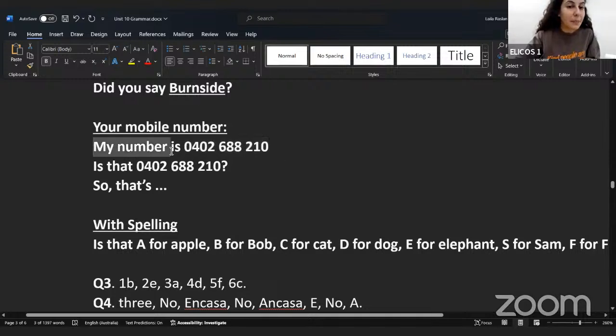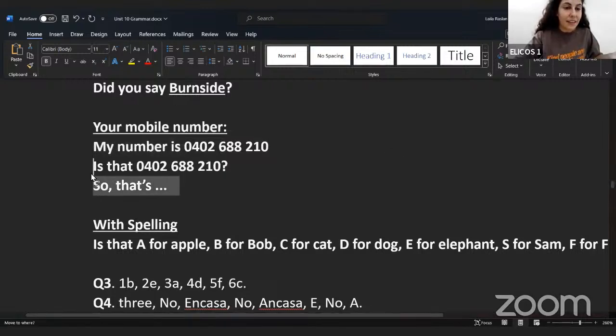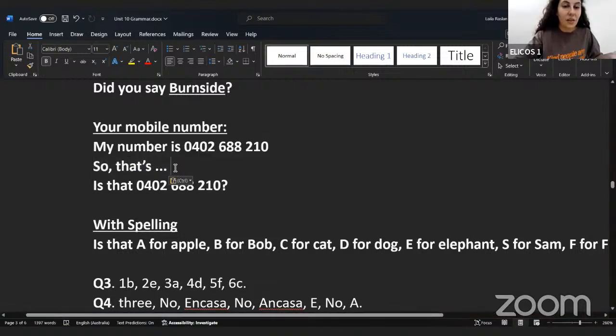Now you can say my number is, or you could say, so that's, and then repeat it. So that's 0402, 688, 210. Now they can say to you, is that 0402?